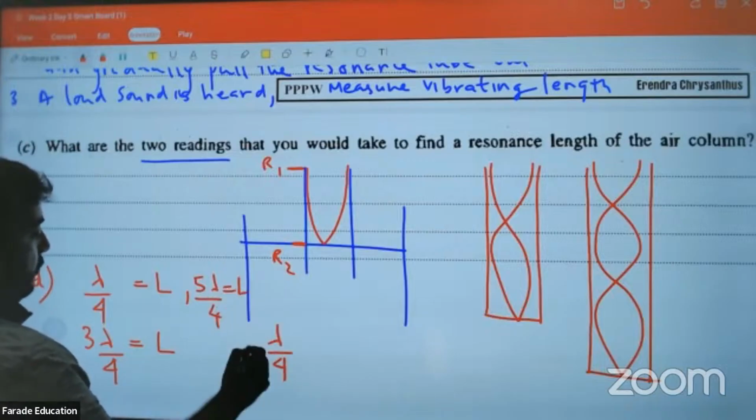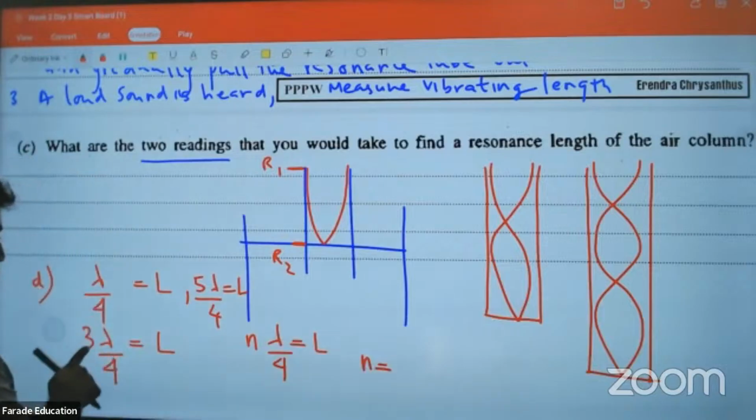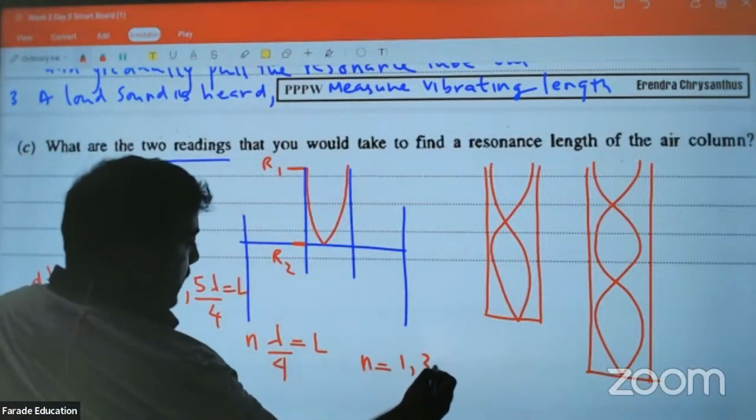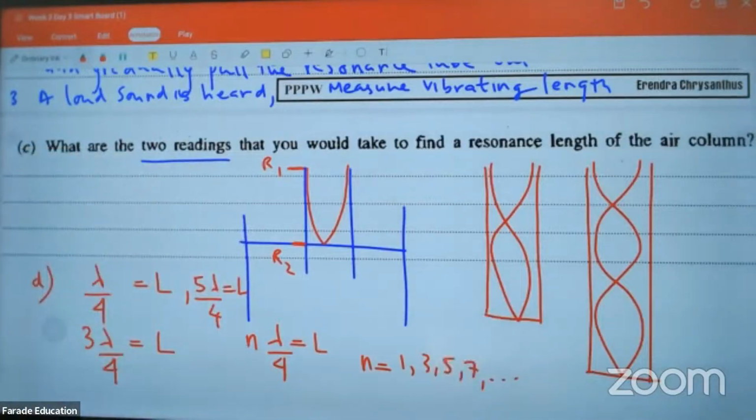Lambda divided by 4 times N is equal to L, where N is going to be odd numbers: 1, 3, 5, 7, etc. This is your part D.